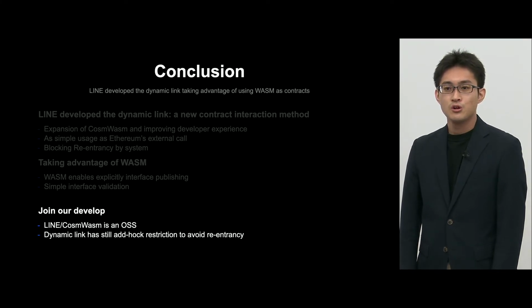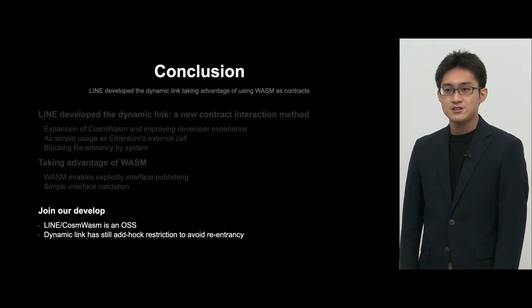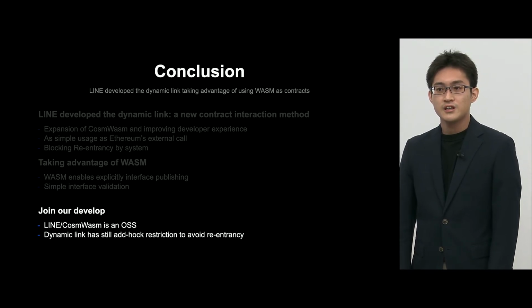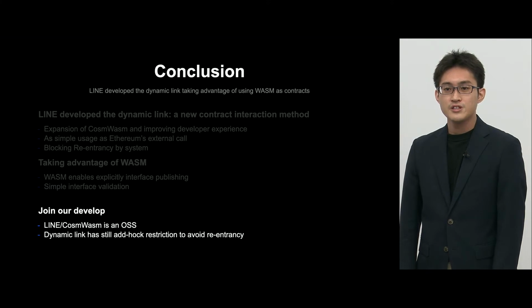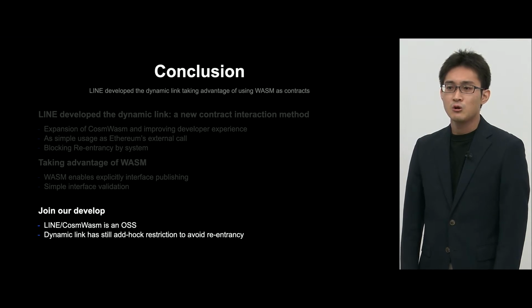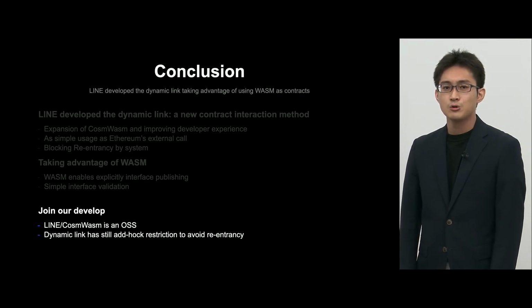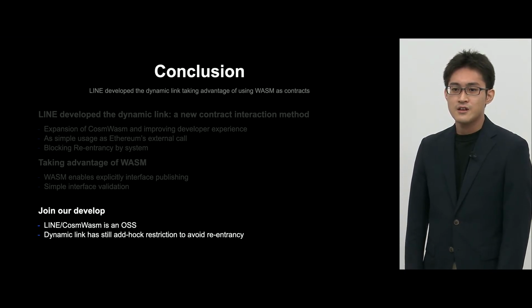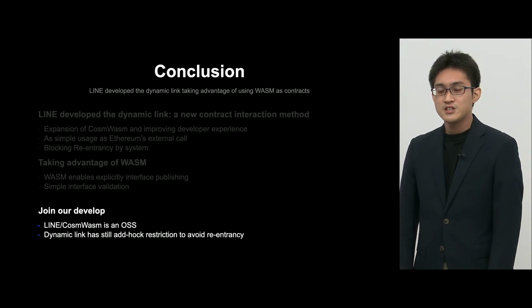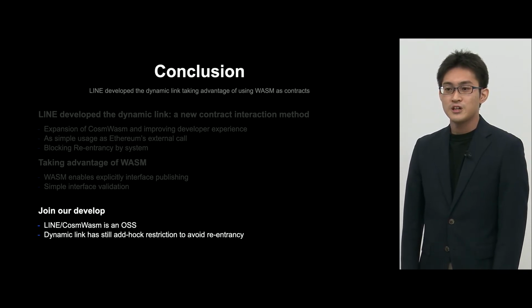And lastly, the Line blockchain develops many chain functions, and of course, the dynamic link is developed as part of OSS. This time, when I presented the dynamic link, it actually has a disadvantage that the method of prevention of reentrancy is kind of ad hoc, and there are other areas that need to be improved.